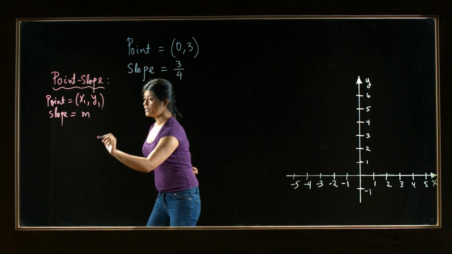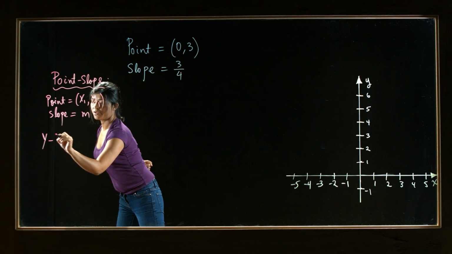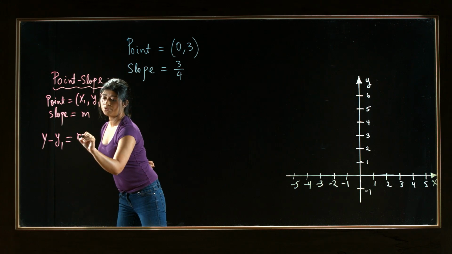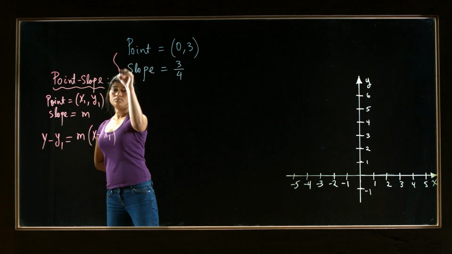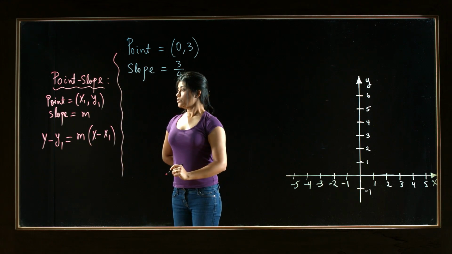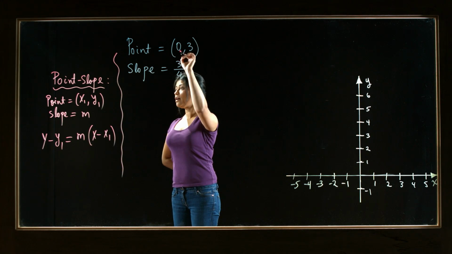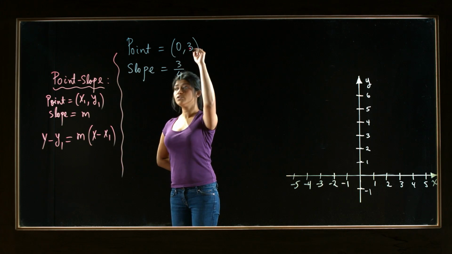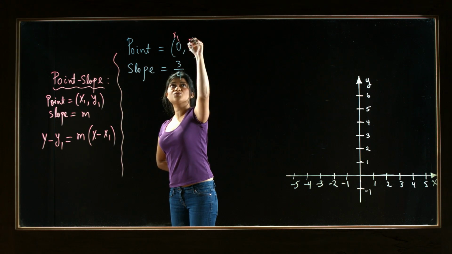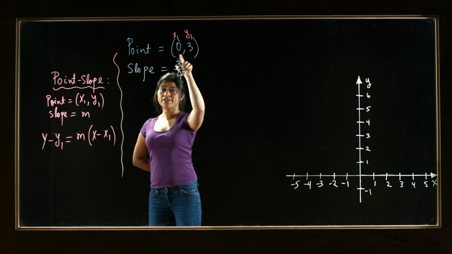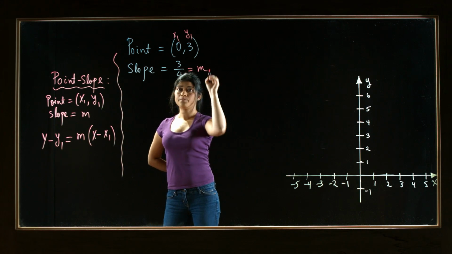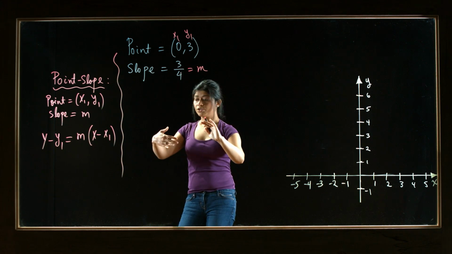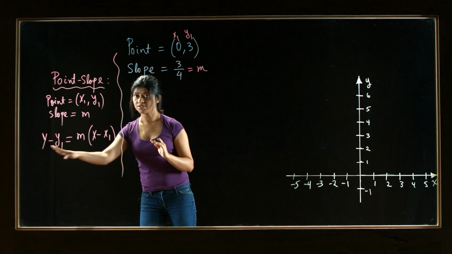Then the equation is y minus y1 is equal to m times (x minus x1). Notice we are given a point on the line, so we do have our x1 and our y1 right here, and we have the slope, so this is m. So we just have to write down the equation of the line using this form.